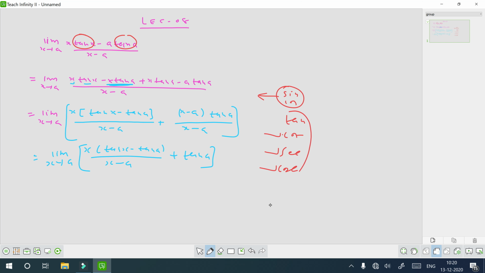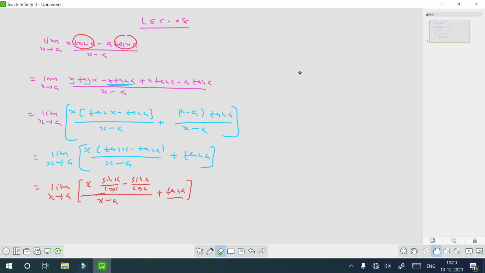But in case of tan, cot, sec and cosec, convert into sine and cos. This is the hint, or this is the way to solve it. Can I write here x sin x over cos x minus sin a over cos a over x minus a plus tan a. This is a constant term, so as it is, there is no need to change it.